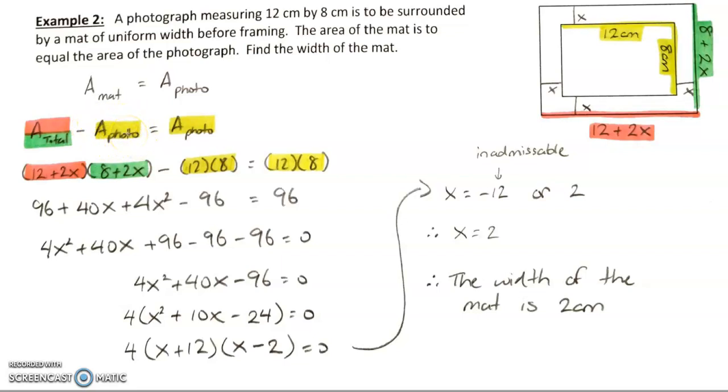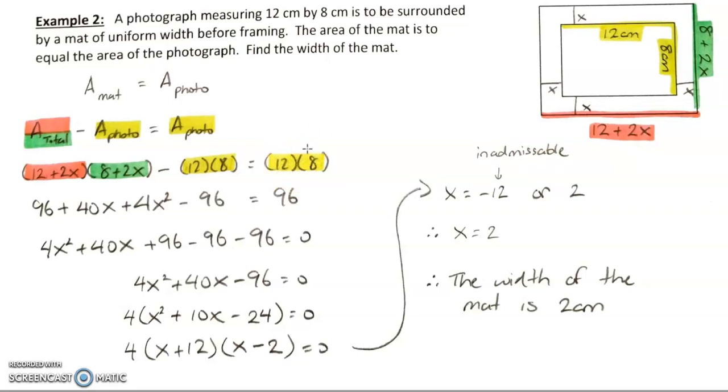Now the larger rectangle's dimensions are 12 plus 2x for the length, 8 plus 2x for the width, minus the area of the photo, which again was 12 by 8, is equal to, and all of that was just the mat. So all of this is the area of the mat, is equal to the area of the photo. That is my initial quadratic equation.